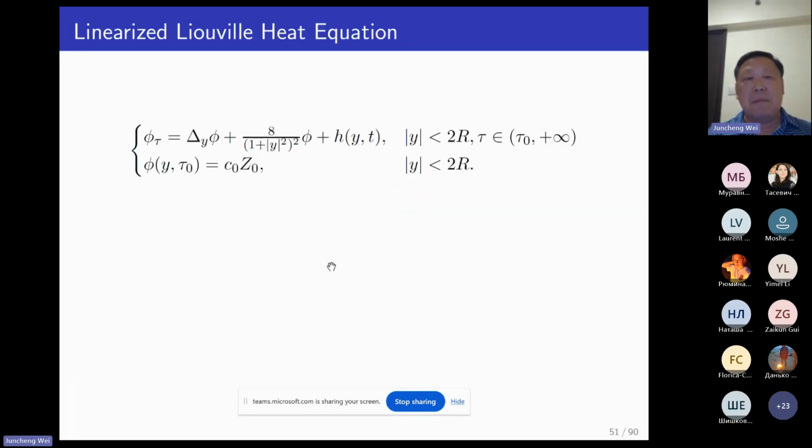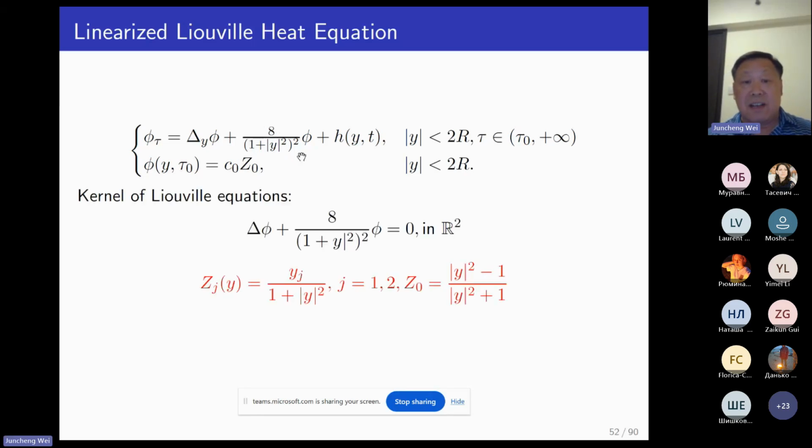The main problem is to have a linear theory for the linearized Liouville equation, the theory in R2. It is phi tau equals Laplace phi plus e to the u phi plus h, and you want to get a linear theory for this problem.